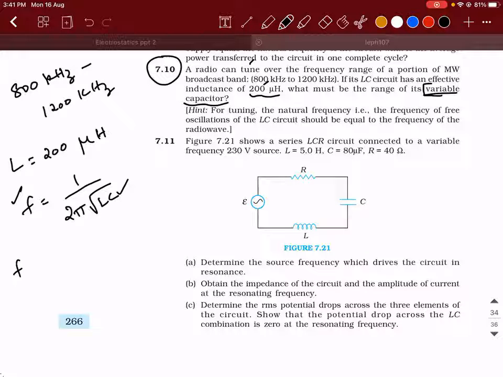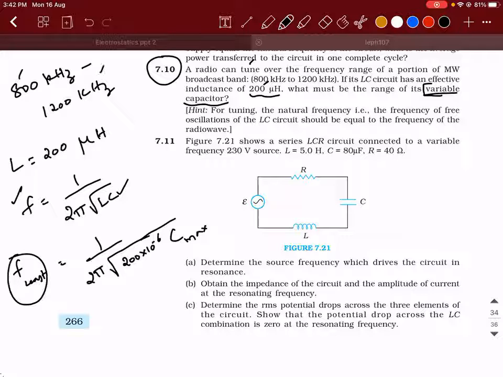So if I take the least frequency, I'll write 1 by 2 pi into root of 200 into 10 power minus 6 into C will be maximum. Did you understand what I did? When I substitute the least frequency from the bandwidth, I need to use a variable capacitor with maximum value. Why? It's pure mathematics. You look at the equation and tell me. They are inversely proportional to each other.